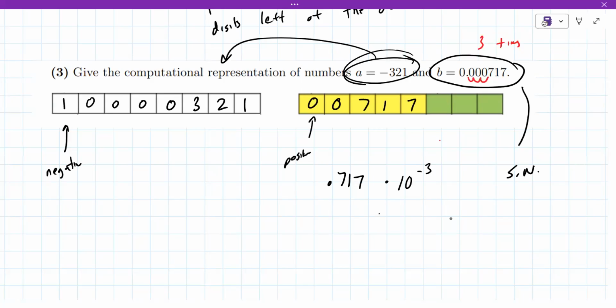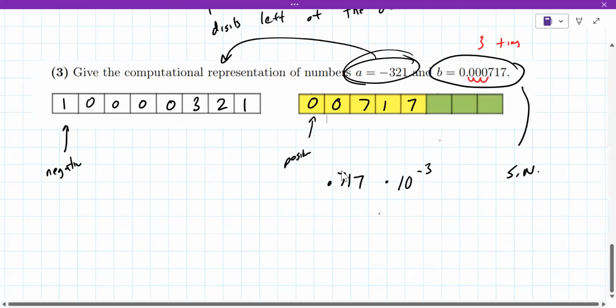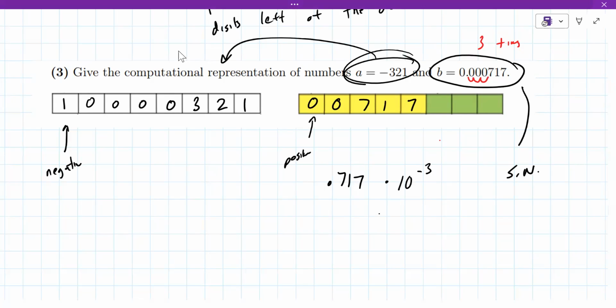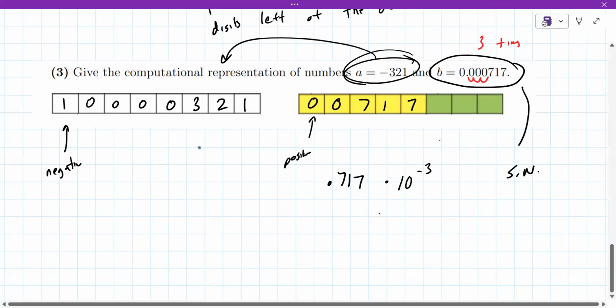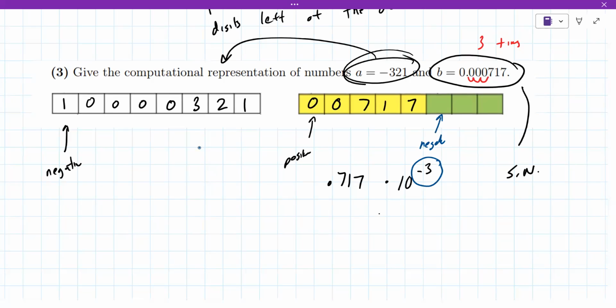Now the exponent here, because it's negative, you put a 1 here. The number 3 goes there, 0 in between. Makes sense.